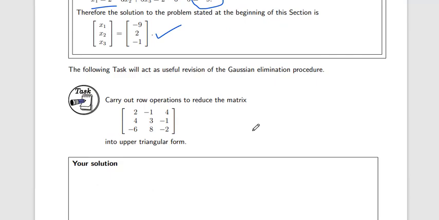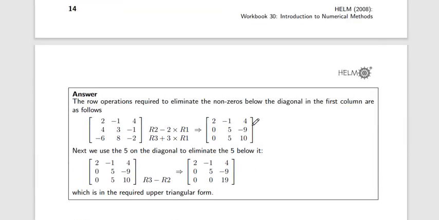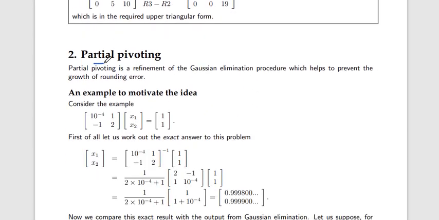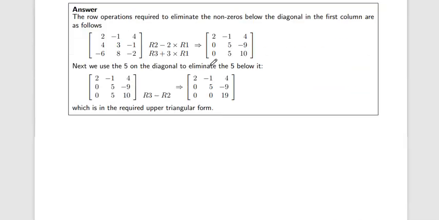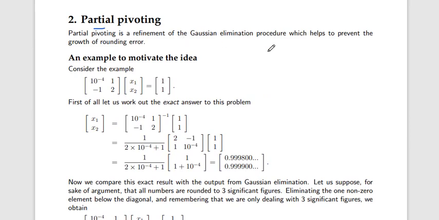Okay, now let's start with our new topic, partial pivoting. Okay, what is partial pivoting? Partial pivoting is a refinement of the Gaussian elimination procedure which helps to prevent the growth of rounding error.